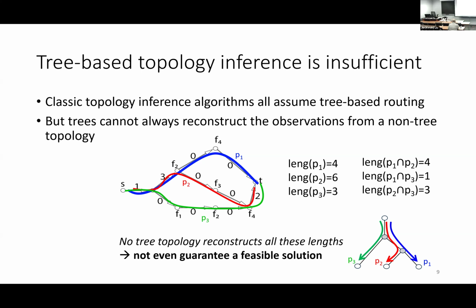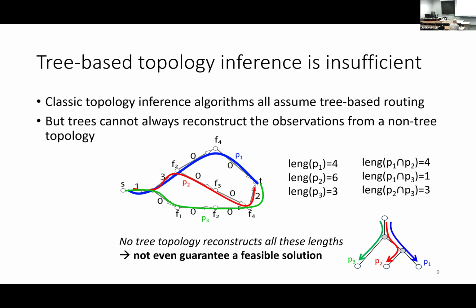Now, these two, which are siblings, let's say P1, P2, are going to have the same shared portion with the third path. And therefore, at least 2 out of the 3 shared path lengths must be equal, which already deviates from what you measure because your ground truth is not a tree.